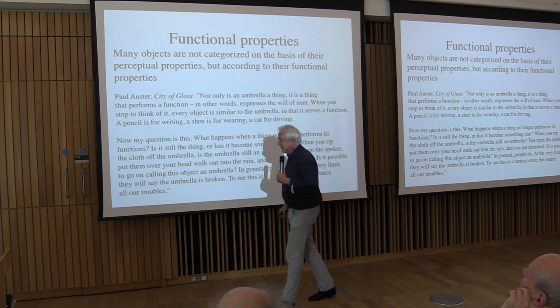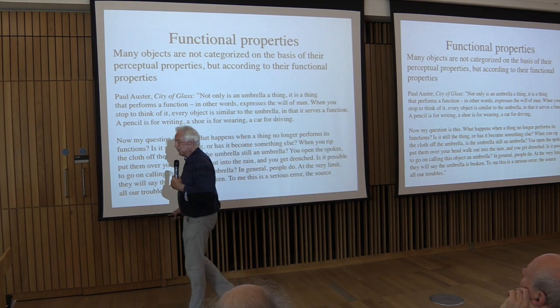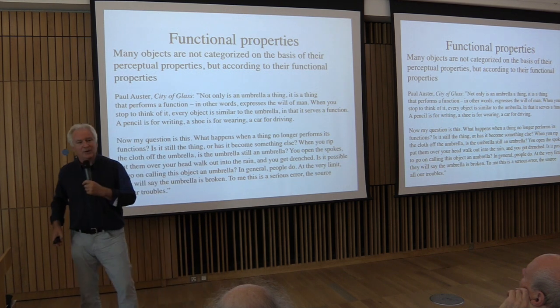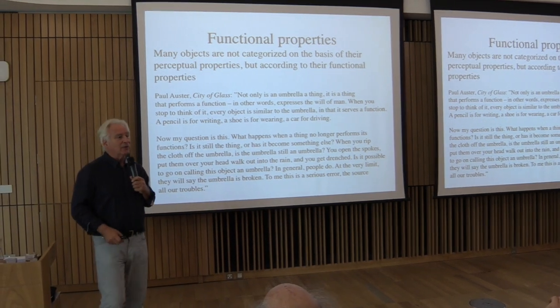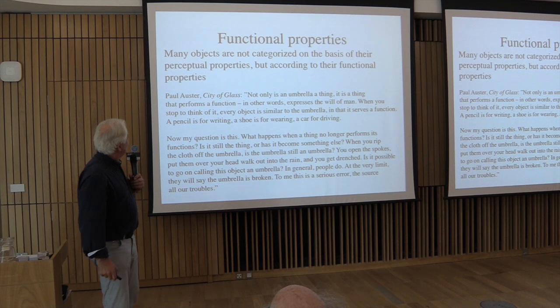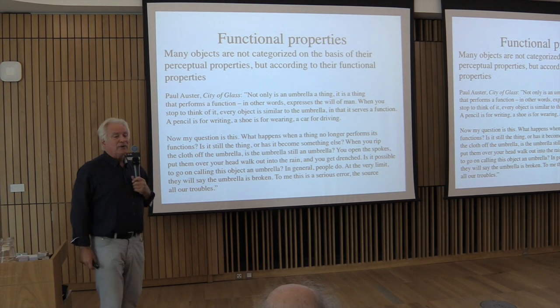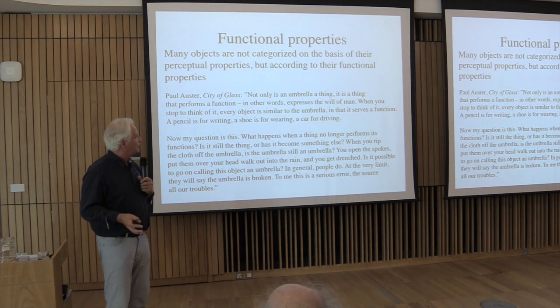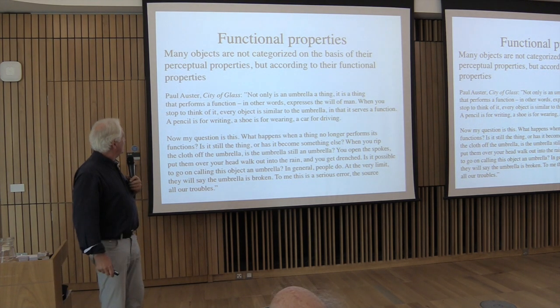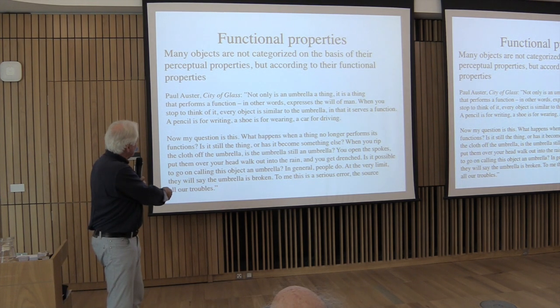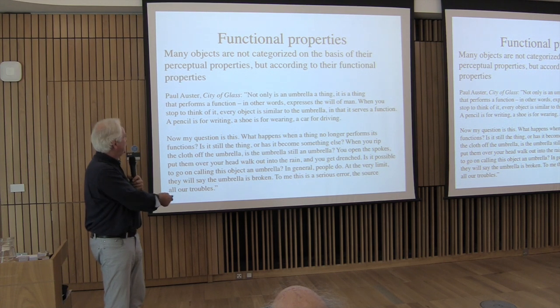We also need these actions to classify functional properties. And now I get back to your question of the relational things here. This is a quote from Paul Auster, City of Glass, and he talks about what is an umbrella. An umbrella is not just a thing, it's a thing that performs a function, expresses the will of a man. And he says, my question is, what happens when the thing no longer performs its function?